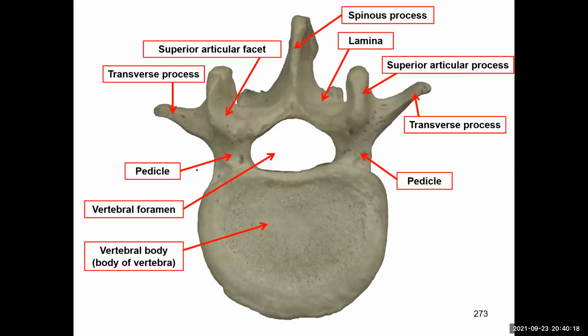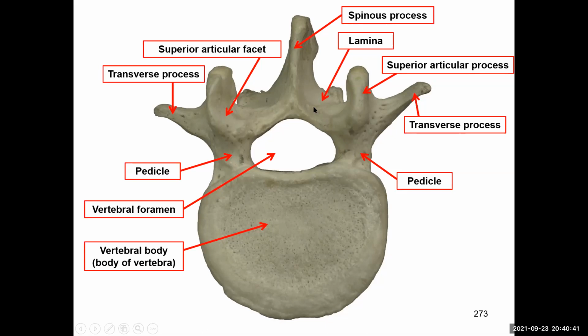Again, this is a typical vertebra, so we're going to see all the structures that are common to typical vertebrae. Vertebral body, vertebral foramen, transverse process, spinous process. Then we have our pedicles, which is where the vertebral arch attaches itself.